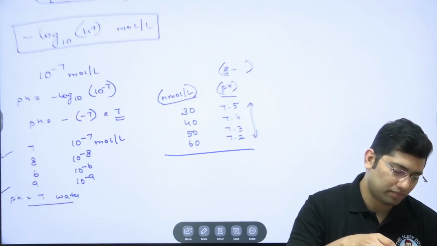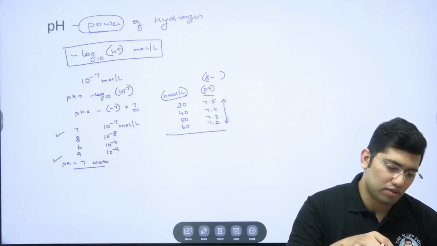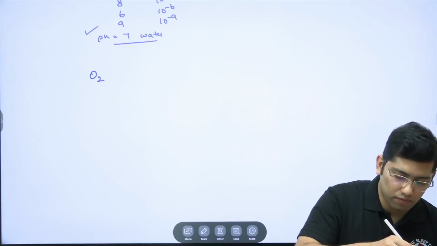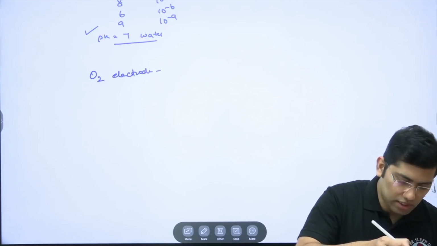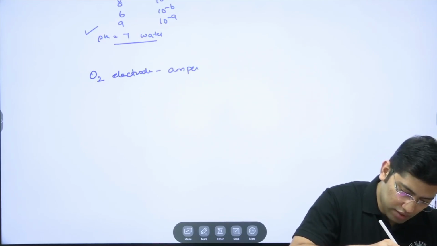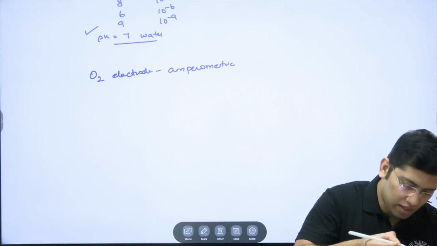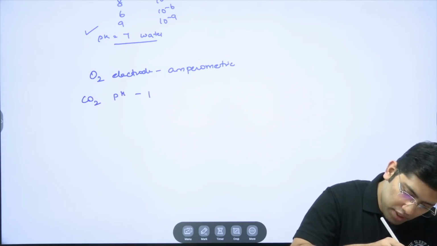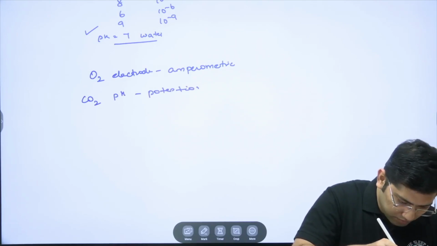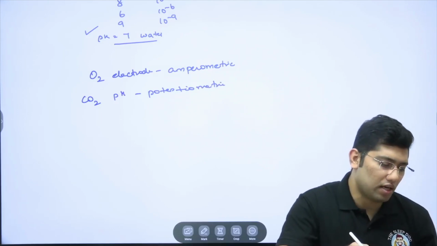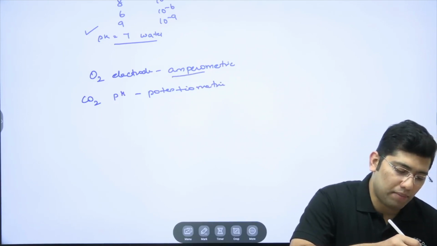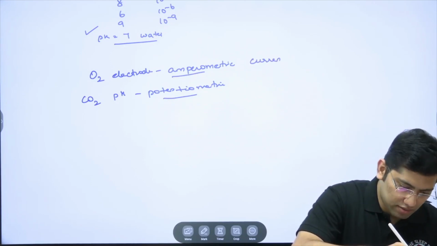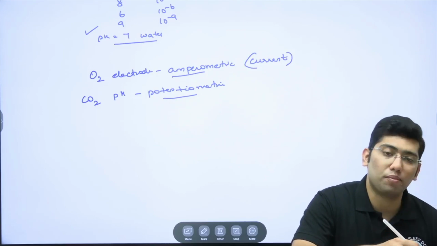All right. Now, after we have understood this, before we jump to the electrode: in the oxygen electrode video, we saw the oxygen electrode is an amperometric electrode, whereas the carbon dioxide and pH electrodes are potentiometric electrodes. The name itself tells it. What is amperometric? This produces current. What is potentiometric?